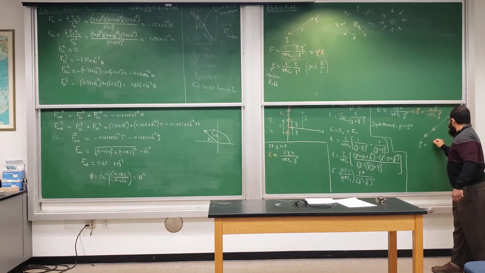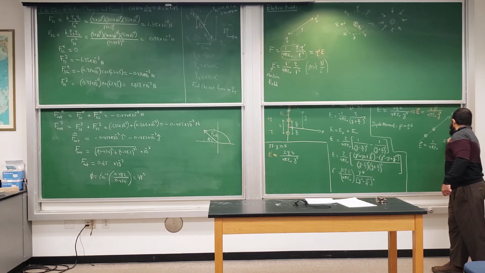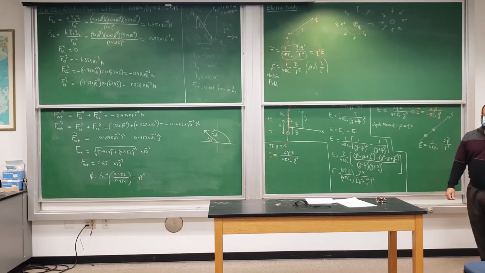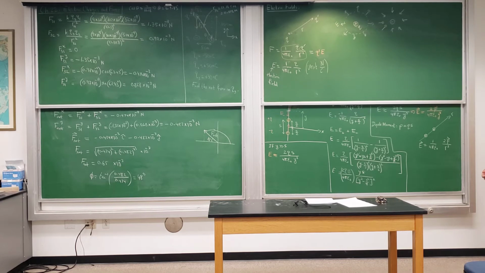So it'll be 1 over 4 pi epsilon naught, and then 2p over R cubed. So that's the electric field due to a dipole, along the axis of the dipole, right? On the axis of the dipole, yes.